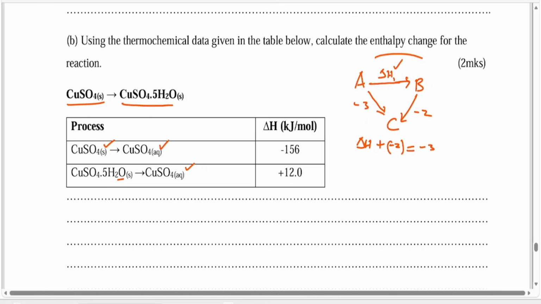So this route is similar to this route. If I call this one 1, this 2 and this 3, then 1 plus 2 will be equal to 3. Or if I call them small a, small b, and small c, then A plus B shall be equal to C. So I can be in a position to obtain the enthalpy change for the unknown side.